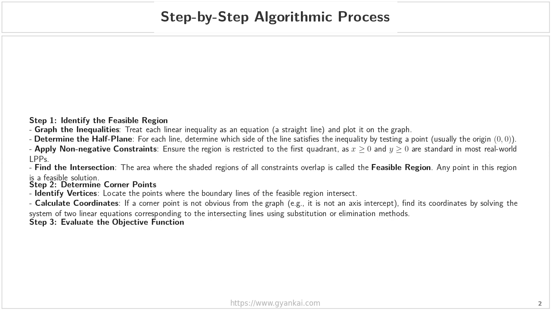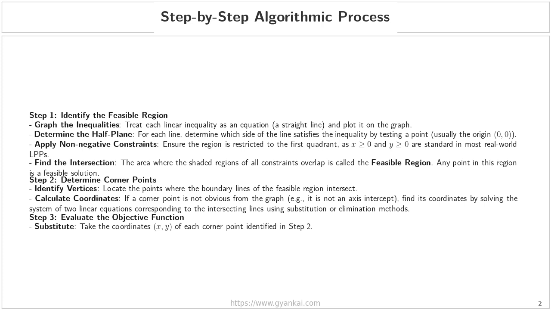With our list of corner points ready, we proceed to step 3, evaluating the objective function. This is where we test our candidates to see which one is the winner. Take the x and y coordinates from each corner point you found in the previous step and substitute them into your objective function, which is typically written as z = ax + by.